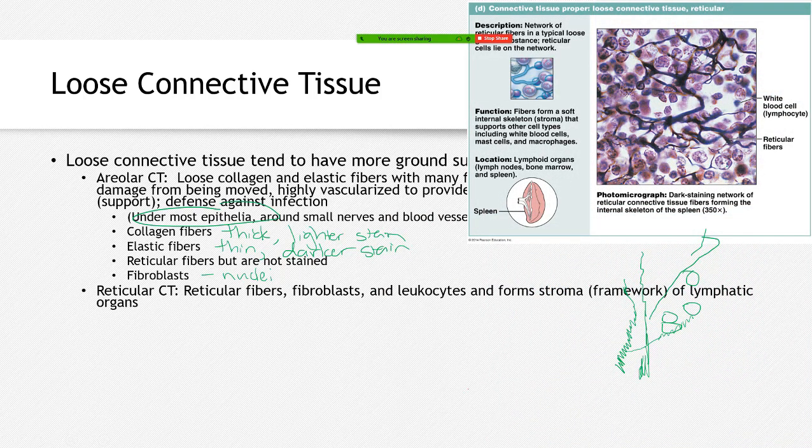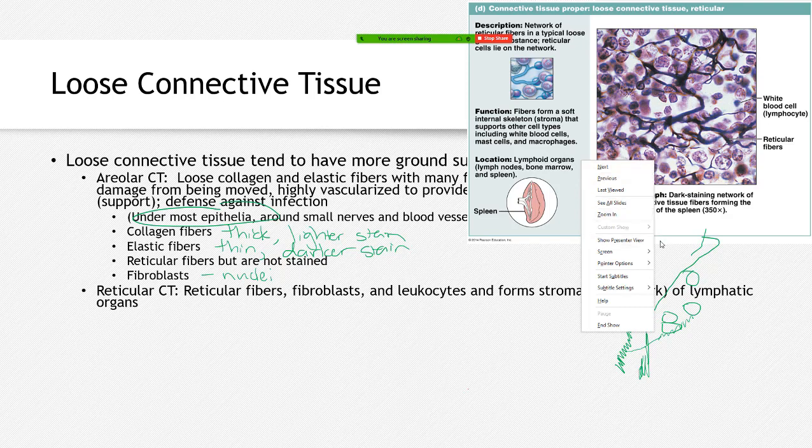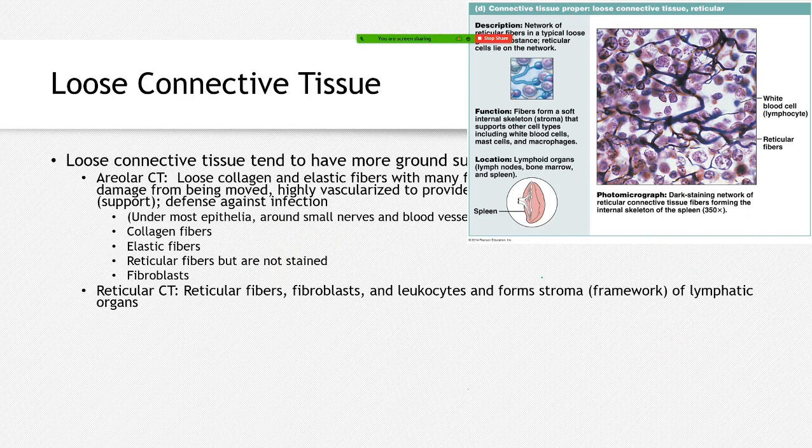Okay, so the next one here is reticular connective tissue. Reticular connective tissue here has, instead of the collagen fibers and the elastic fibers that are very visible, the reticular fibers being more visible. We still have fibroblasts to make this, but at the same time, we'll have a lot of leukocytes.